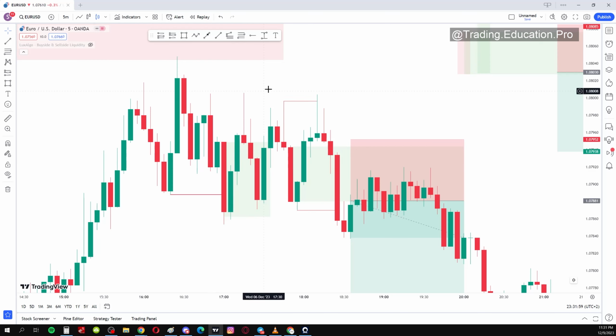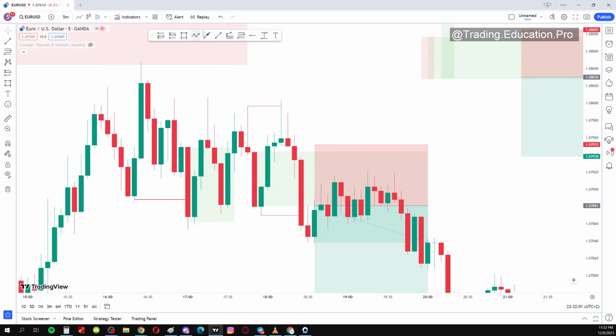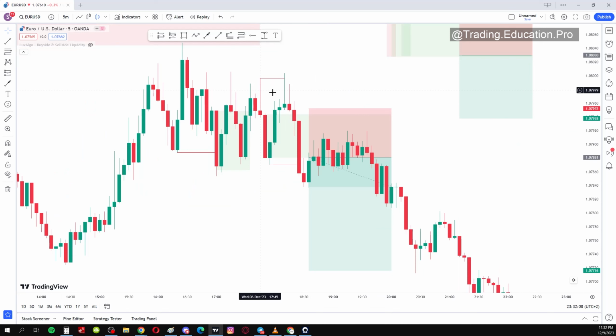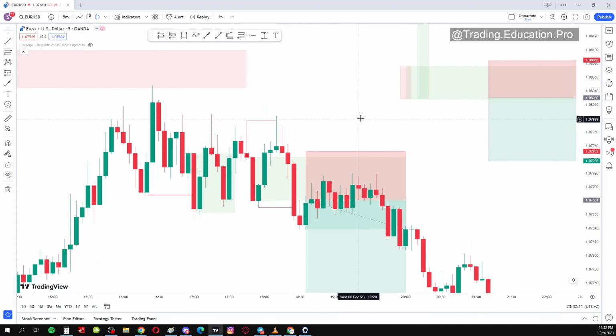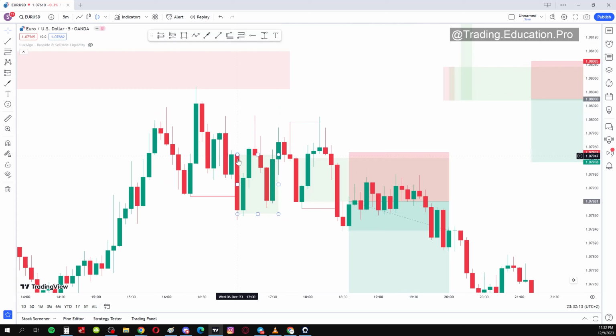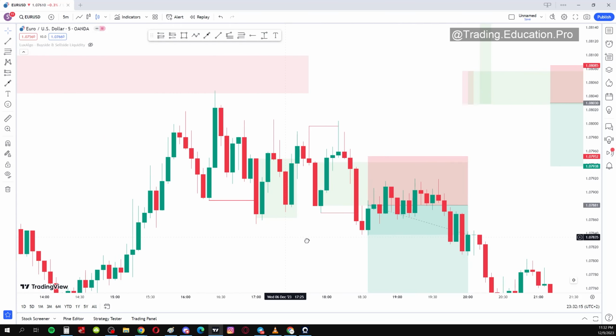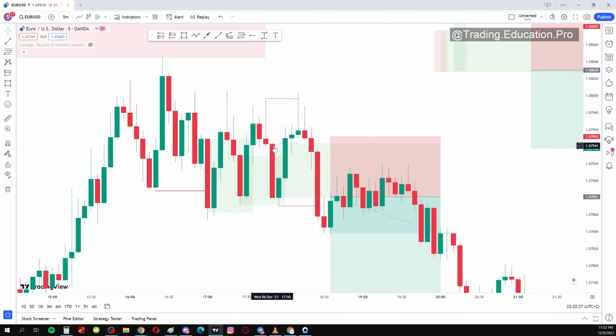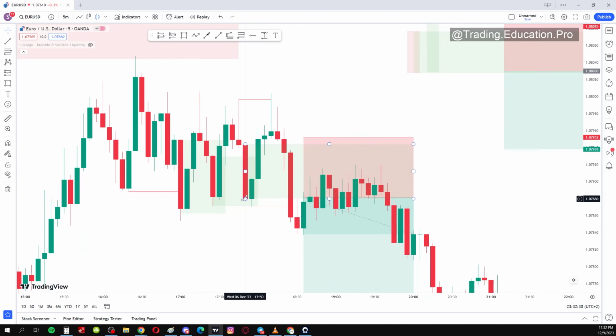And in this case, we would want a big expansion. But obviously, the move failed. But it still gave us this order block here, then it came in here, gave us this order block, right? And then again this order block, and the move went up.